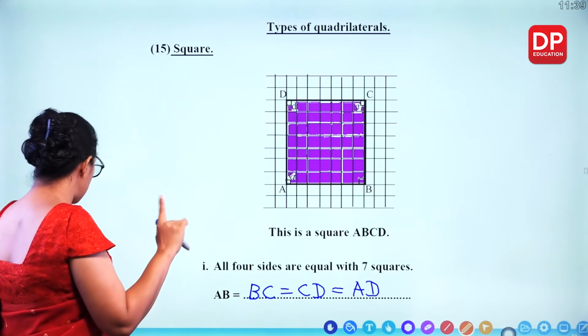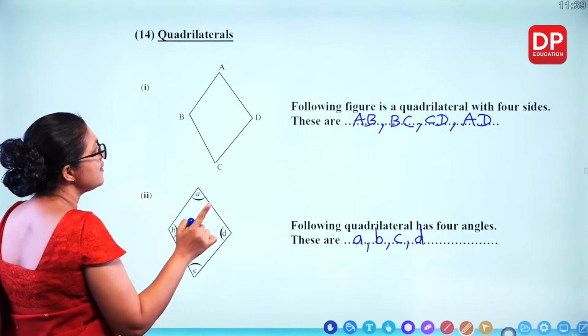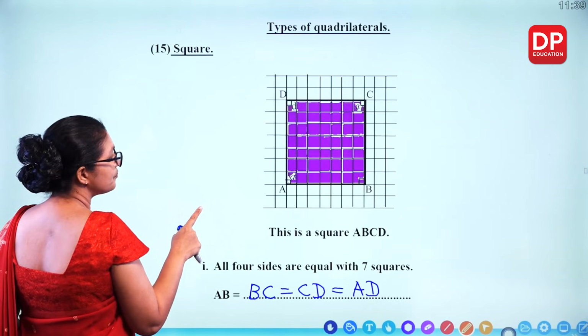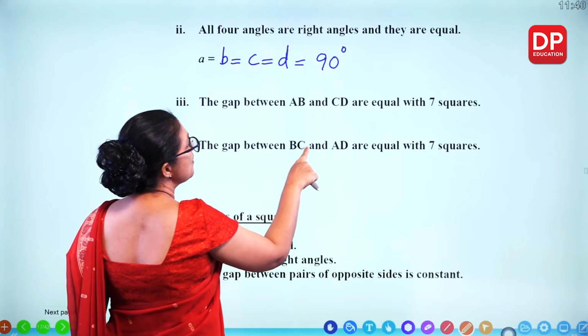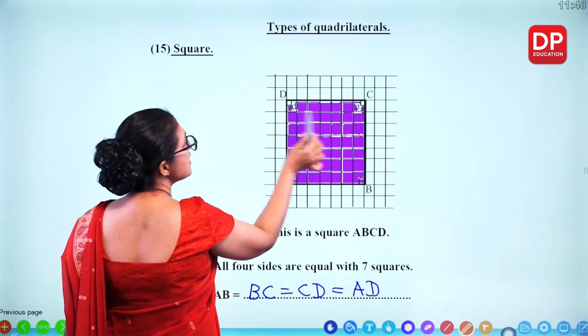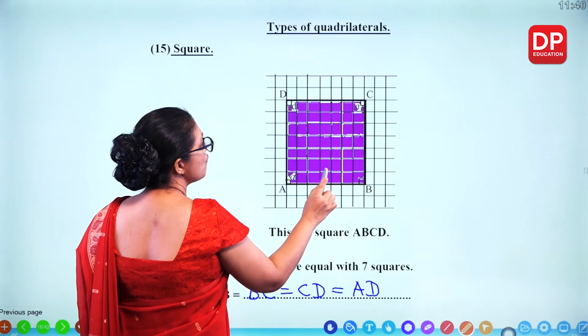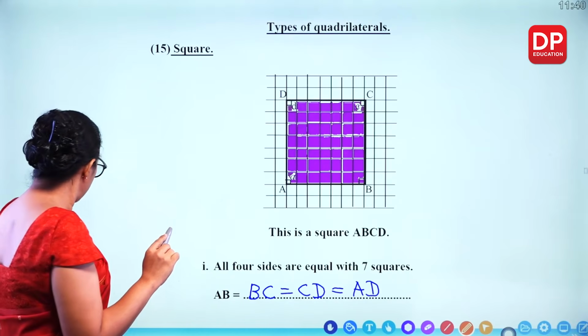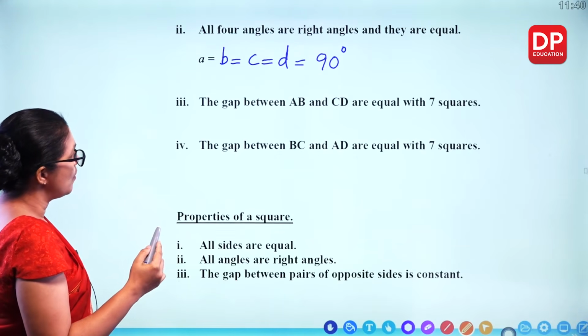And the gap between the other sides, BC and AD, this way: 1, 2, 3, 4, 5, 6, 7. Always 7 are there. So the gap is equal.